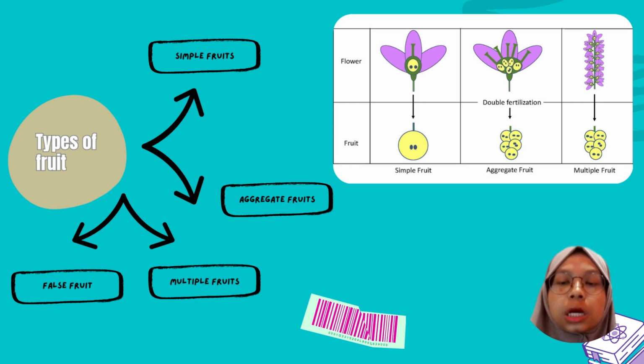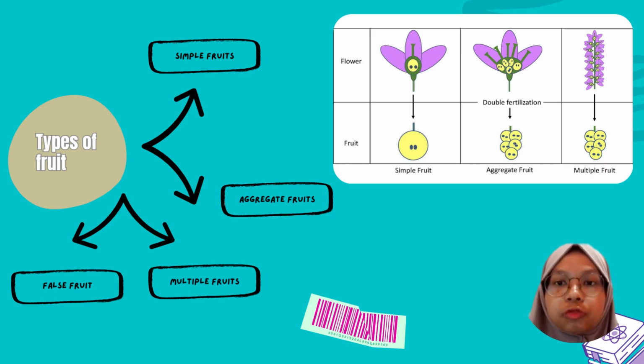The second is aggregate fruits. This fruit develops from multiple ovaries of a single flower. Even though they come from one flower, each ovary forms a small fruit, and each of them is clustered together. A good example is the strawberry, where the tiny dots on the surface are individual fruits.